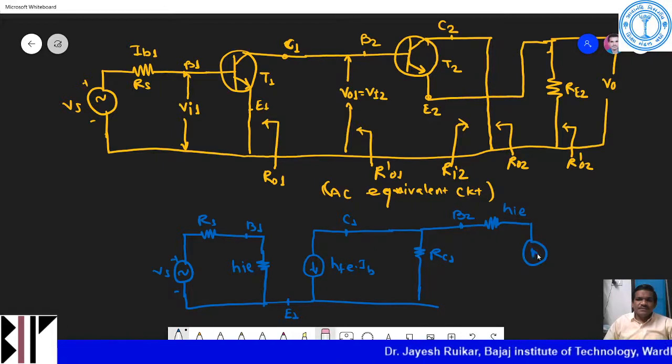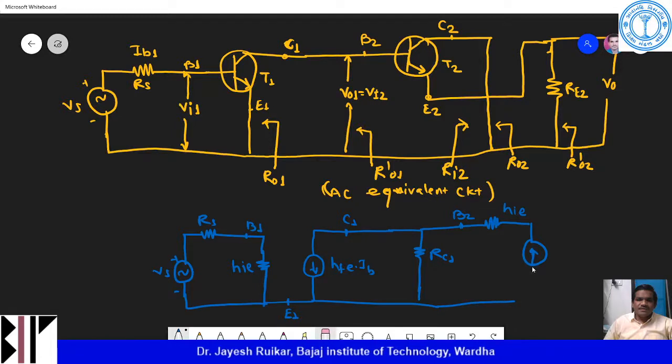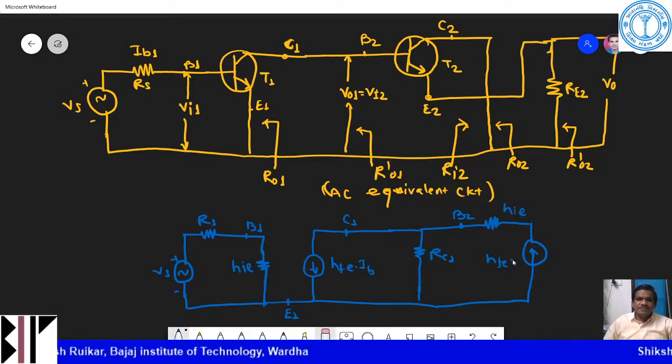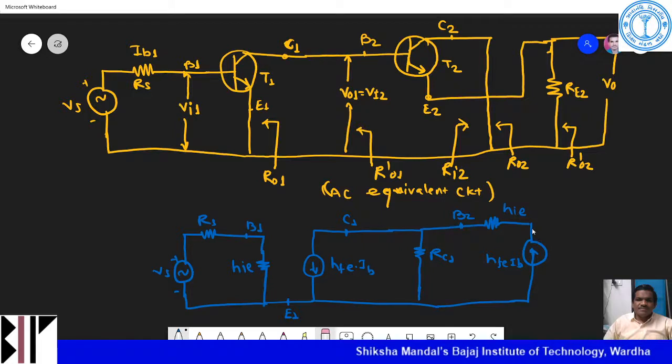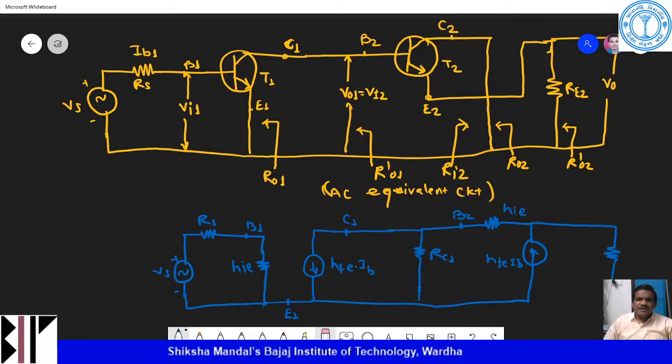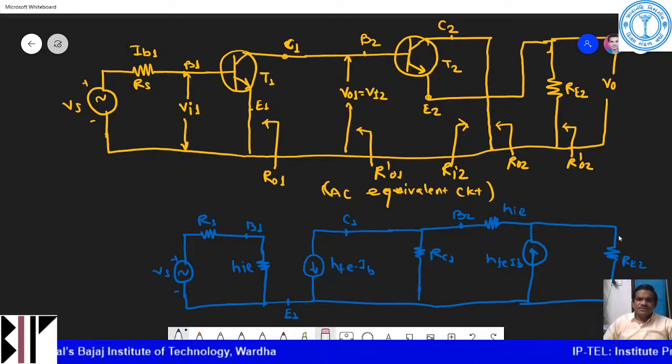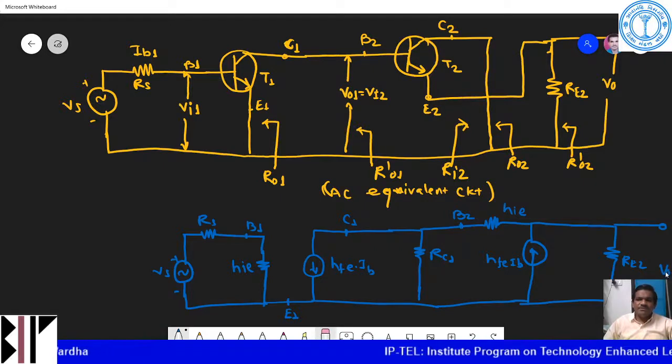Then this is HFE IB, and then RE2, and across these two terminals we have output voltage VO.